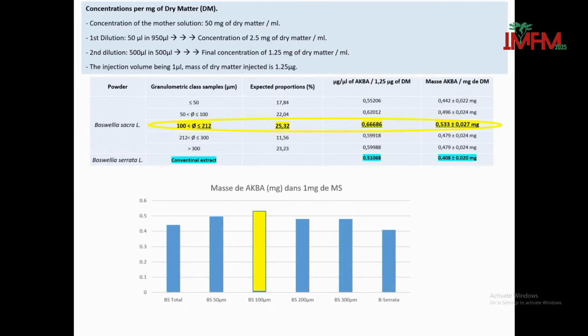You see here, between 100 and 200 micrometers, we obtain more AKBA in this family. And with Boswellia serrata, we have an important quantity of this tracer in this family, like you see here.